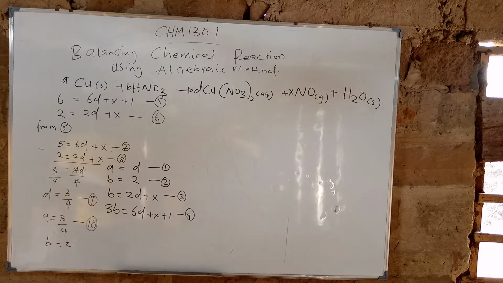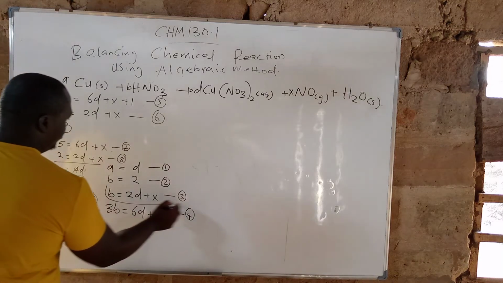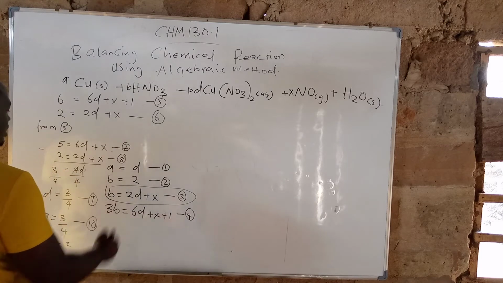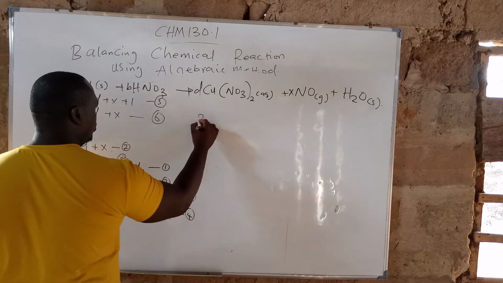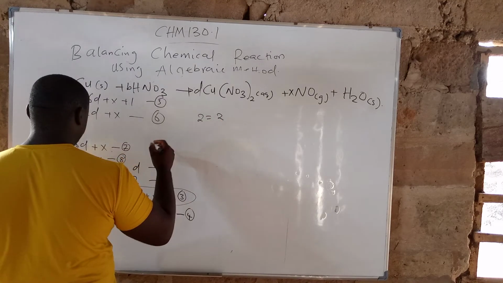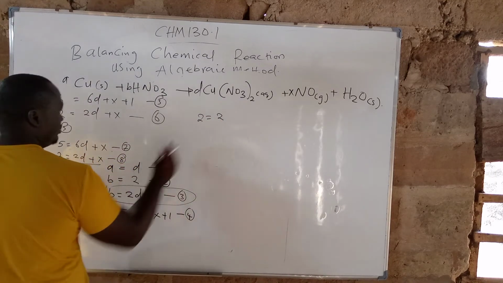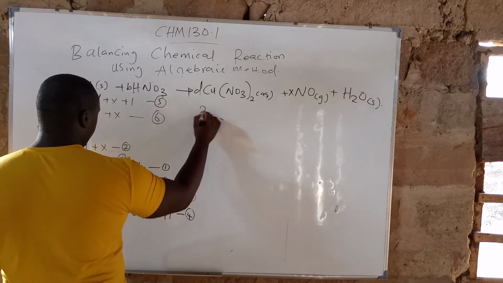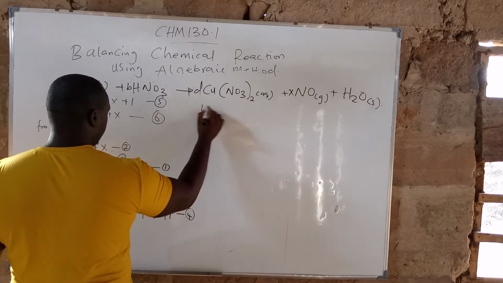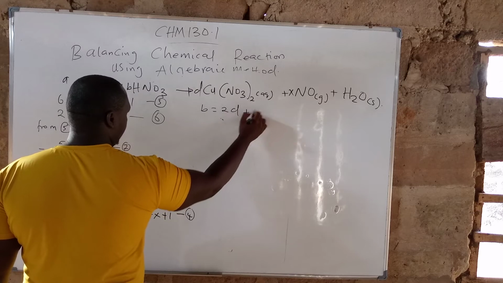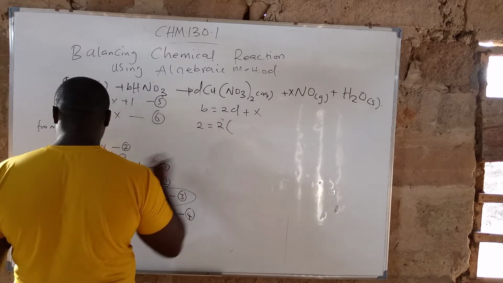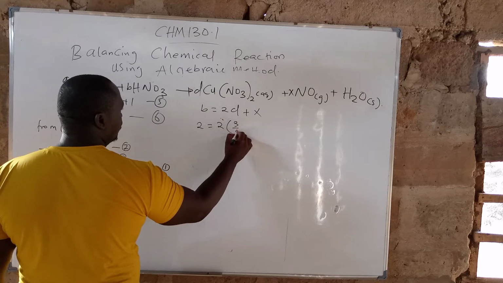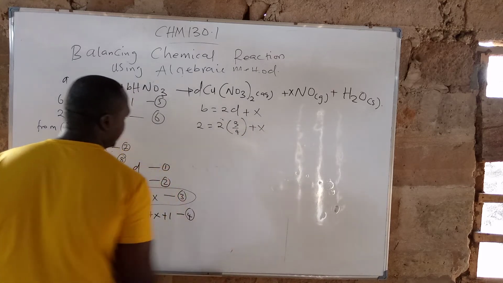From equation 3, I will put the value of B and D to get my X. So my B is 2 is equal to 2D plus X. So my B is 2 into my D is 3 all over 4 plus X, right?